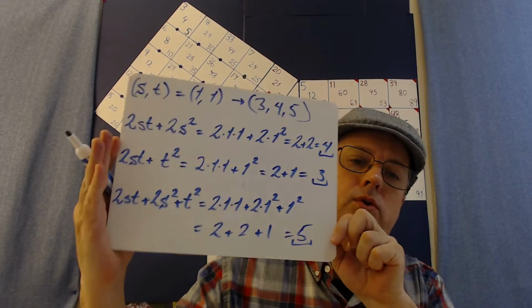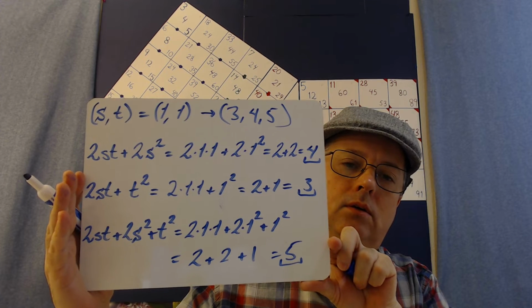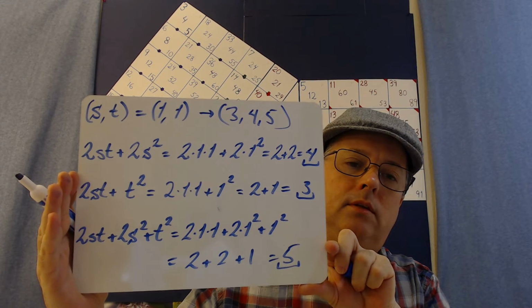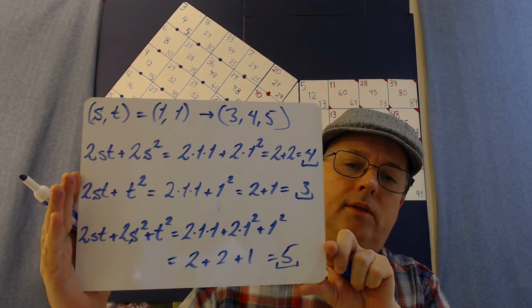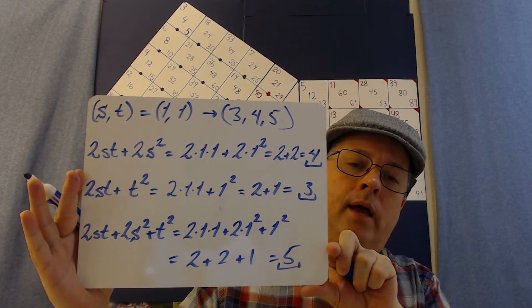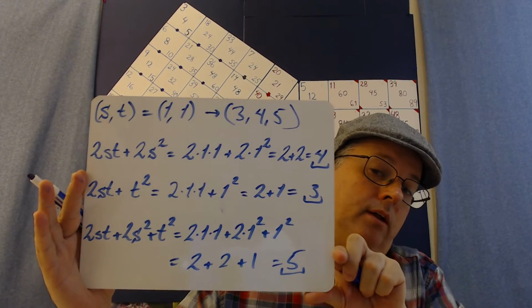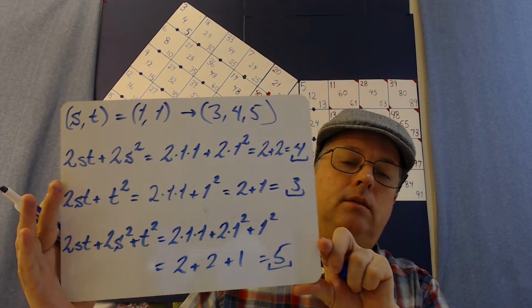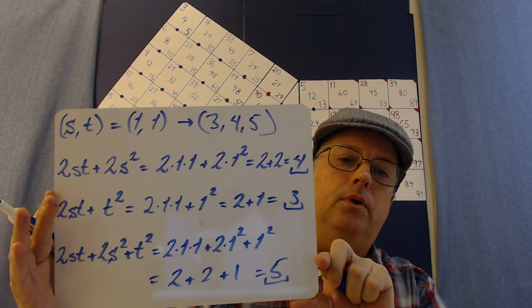This gives us the 3, 4, 5. Okay, so that's something interesting about this particular formula that generates Pythagorean triples, that s and t can be the same values. And that's how we get the first Pythagorean triple, 3, 4, 5.